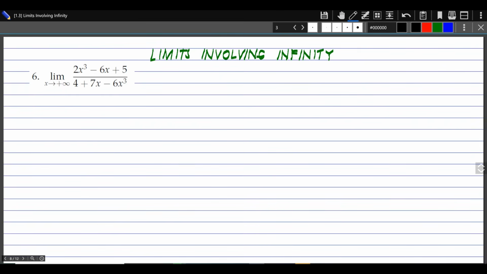So, this is equal to the limit of 2x cubed minus 6x plus 5 all over 4 plus 7x minus 6x cubed, times 1 over x cubed over 1 over x cubed.